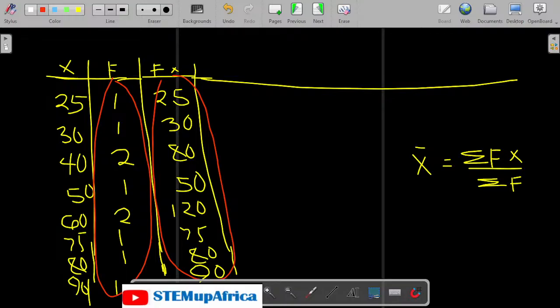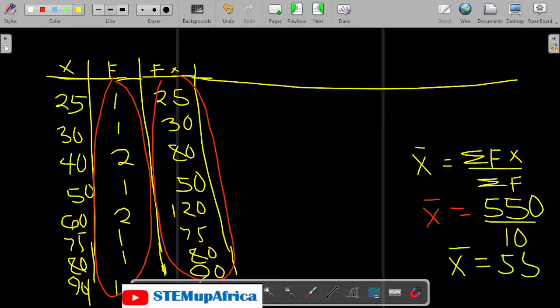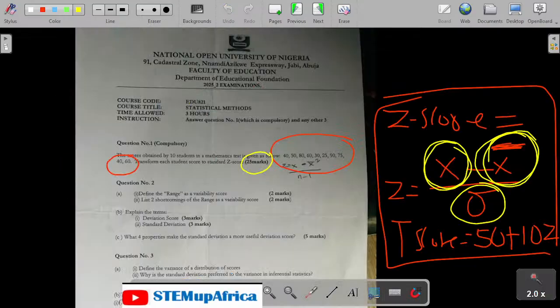That will give me 550. So in place of summation fx is 550. Summation f is 10. So 550 divided by 10, we are going to have 55. So let's go back to the expression. In place of x bar, the value now is 55.